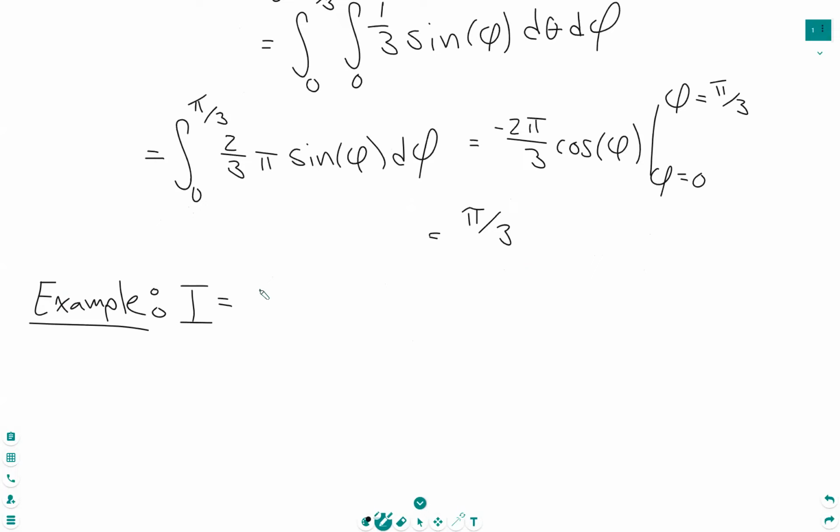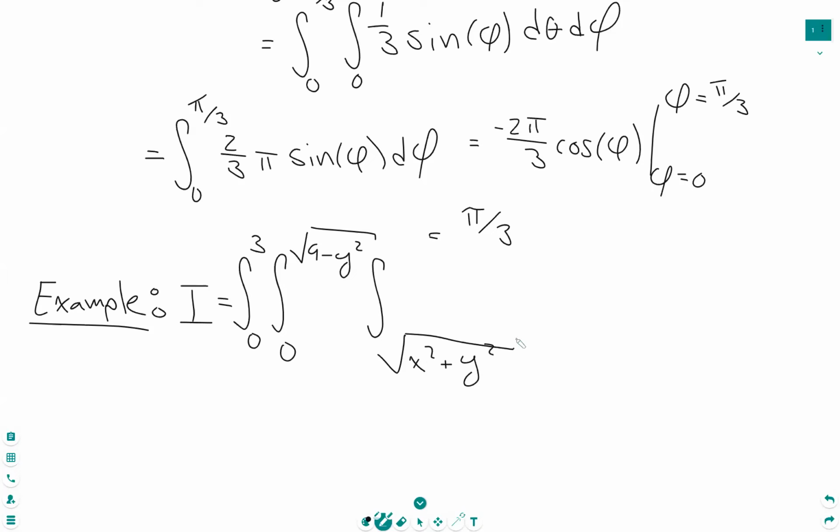So I have this integral that I'll set equal to I. It goes from 0 to 3, 0 to the square root of 9 minus y squared, and the integral from the square root of x squared plus y squared to the square root of 18 minus x squared minus y squared.